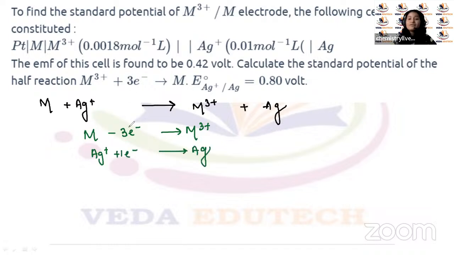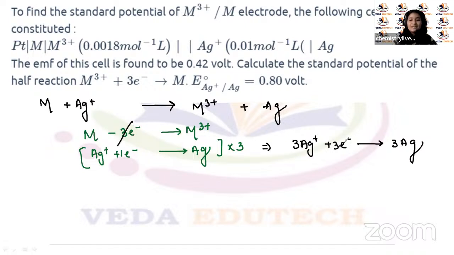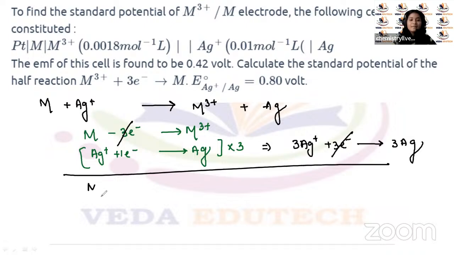If we want to combine it, we have to multiply by 3 here, because we have to make the number of electrons equal, right? So if I multiply by 3, what am I going to get? 3 Ag+ plus 3 electrons gives 3 Ag. Now the 3 electrons cancel, and the combined equation is M plus 3 Ag+ gives M3+ plus 3 Ag.